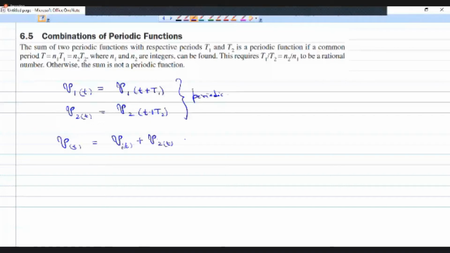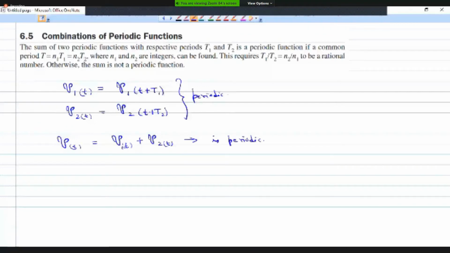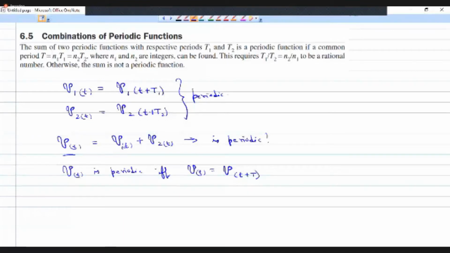The question is, is it periodic? How can we find out? By definition, v of t is periodic if we can represent v of t as equal to v of t plus capital T, which is the period of the new function v of t.